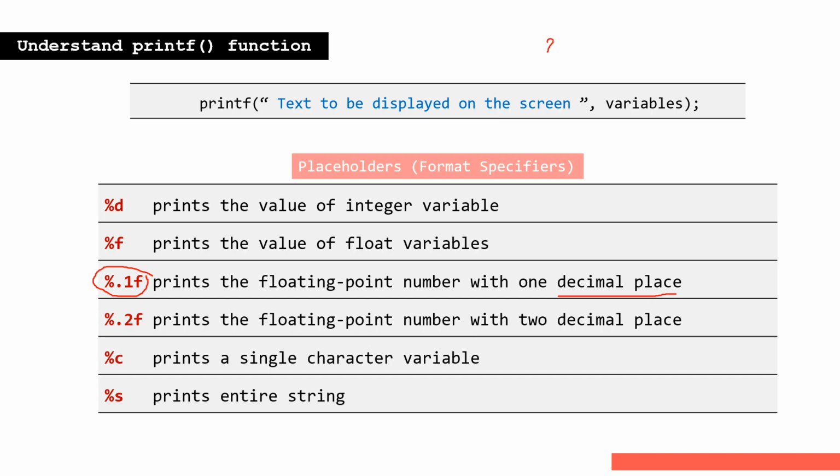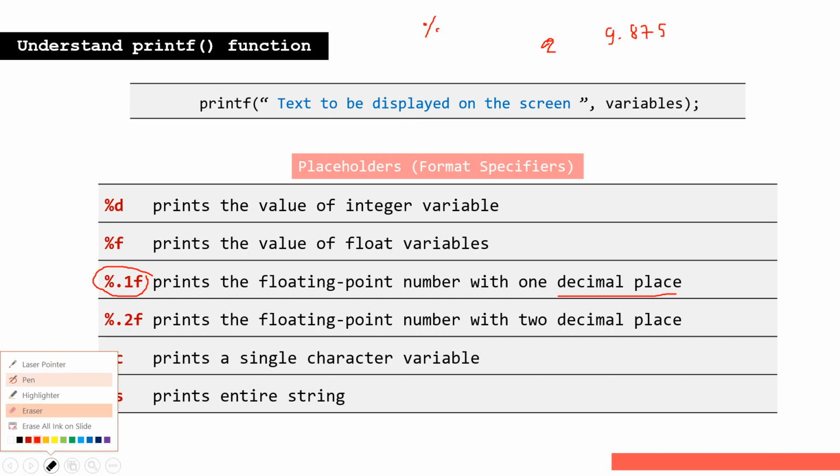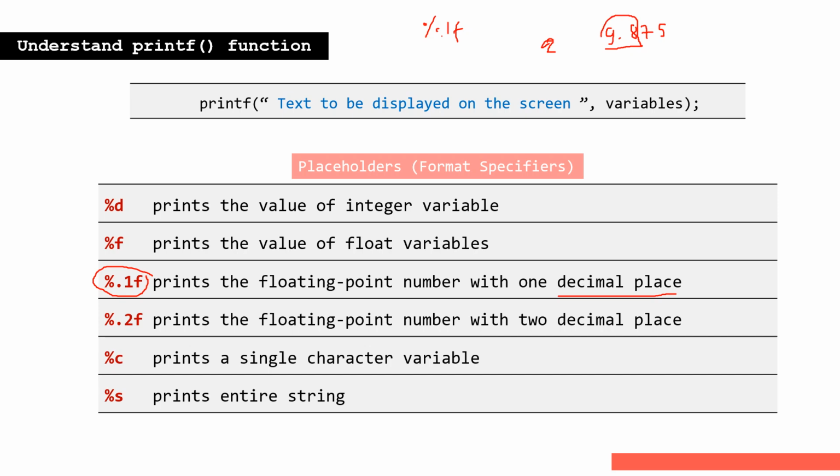Suppose the CGPA is 9.875 and you write %.1f, it will only print 9.8, or it may round up to 9.9.